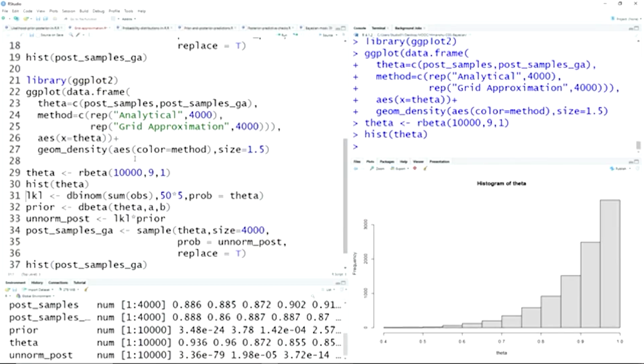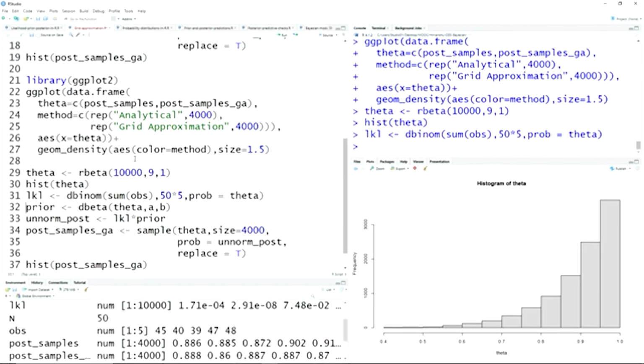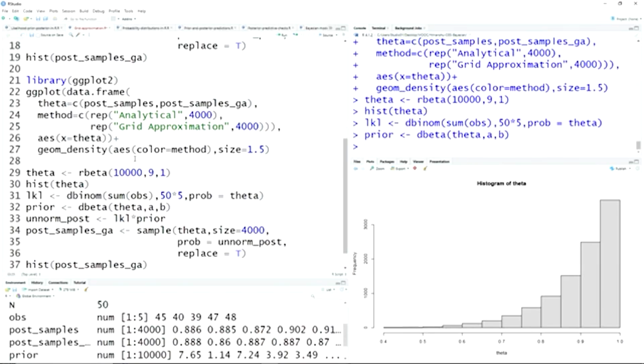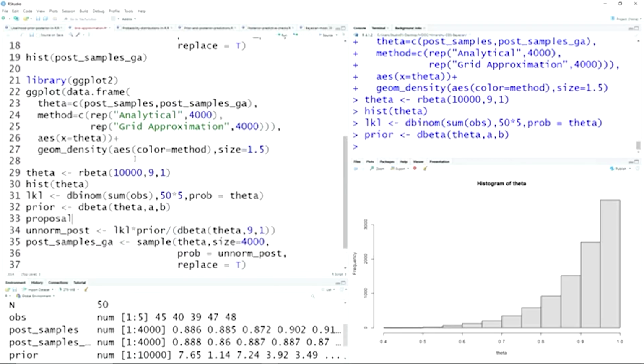Now for each of these theta we will do the same things. We will calculate likelihood and prior, but now for the unnormalized posterior density we need to take off this bias. So we will divide this by the proposal density of theta star, which is dbeta of theta, 9, 1. This is the proposal density.